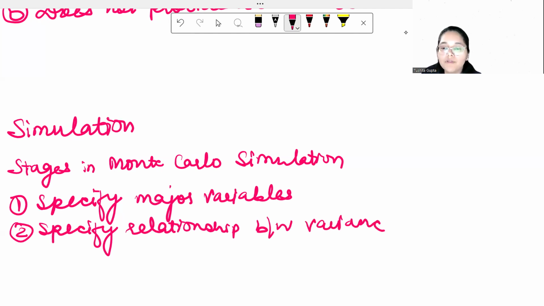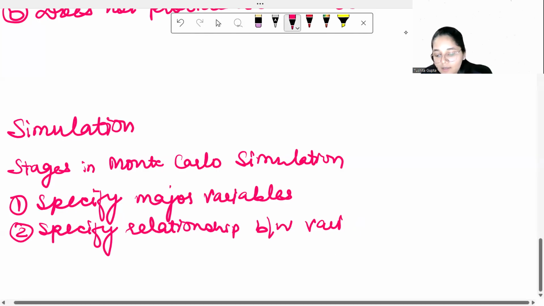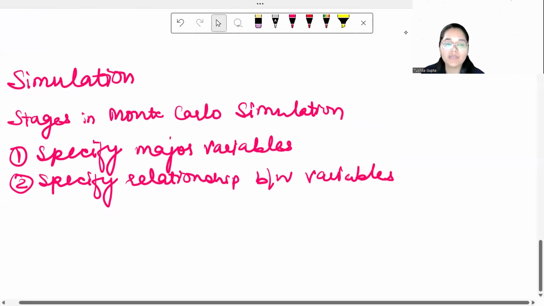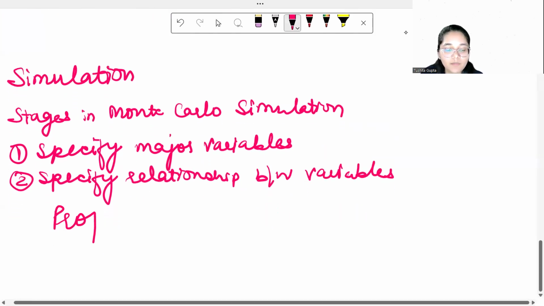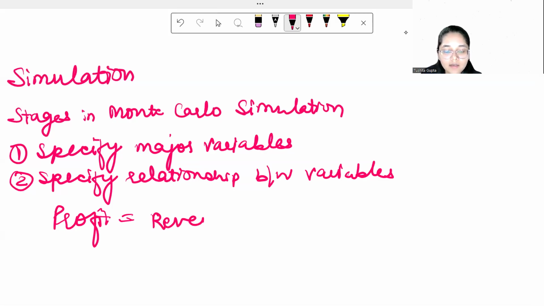So let's suppose the variables that I have taken over here are revenues and costs. If I want to specify a relationship, it is nothing but profit equals revenue minus cost. So this is one relationship which I have established between the two variables which I think are major to me.